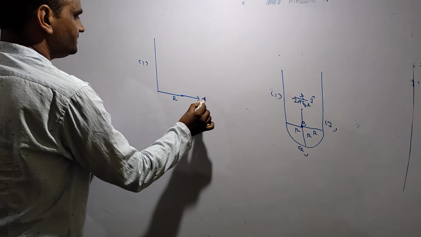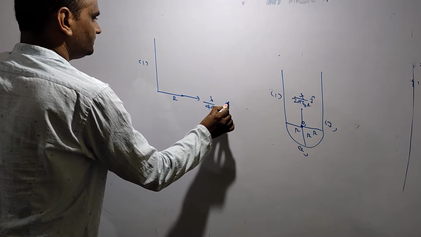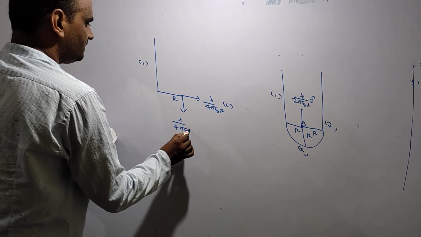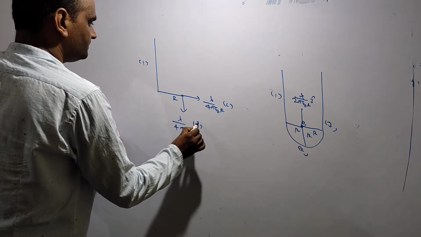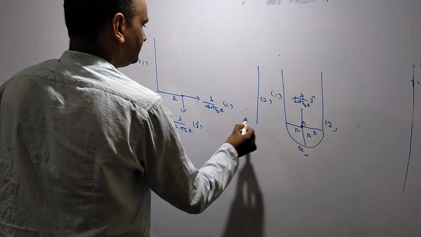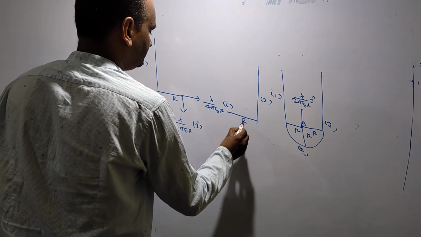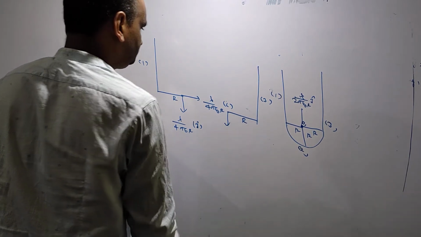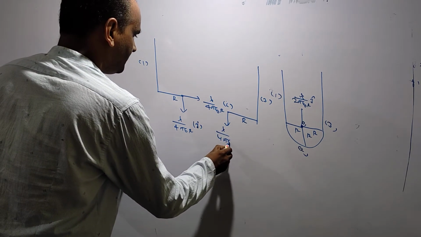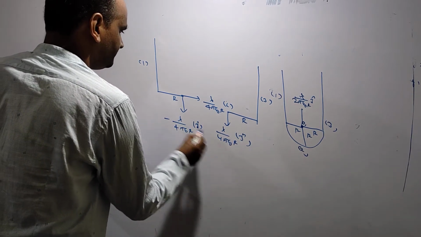So we have in this direction lambda by 4 pi epsilon naught r, this is i, and downward lambda by 4 pi epsilon naught r j, and this one for segment 3, and this is r. So downward we have lambda by 4 pi epsilon naught r, downward you can say negative.